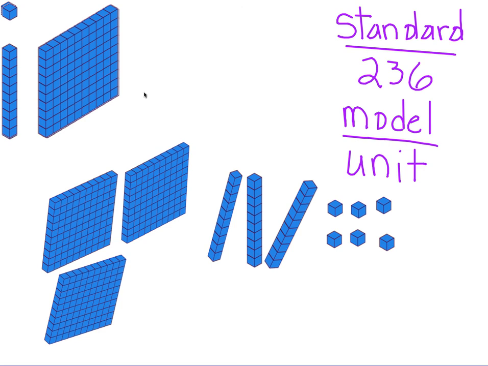And we'll ask the children what the new value of that number is. I'll give your child a second to figure it out. They should have told you that the new value is no longer 236. Instead, the new value is 336. They added 1 more 100 to it.